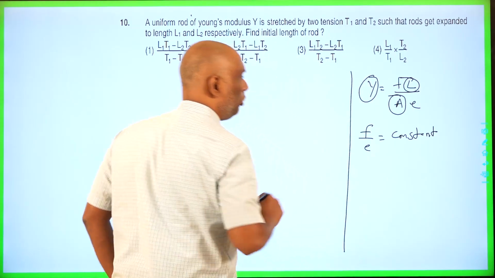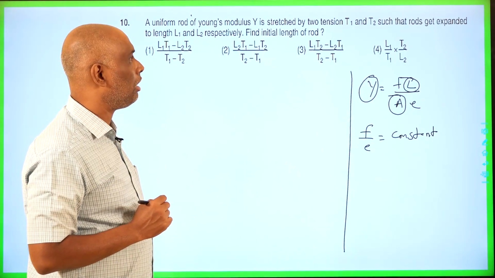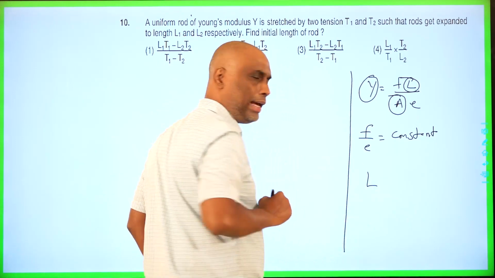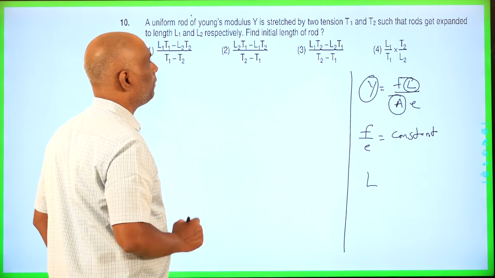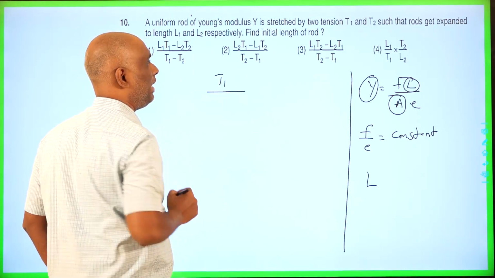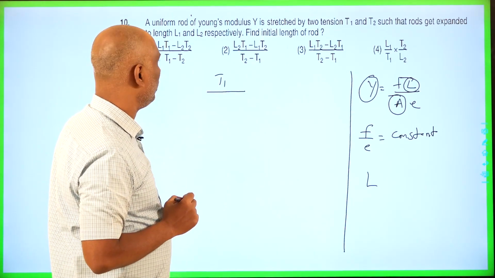So, here there are two different forces for which there are two different elongations. Let us imagine that the actual length of the rod is L. So, I can say initially the force acting is T1 divided by the initial elongation.